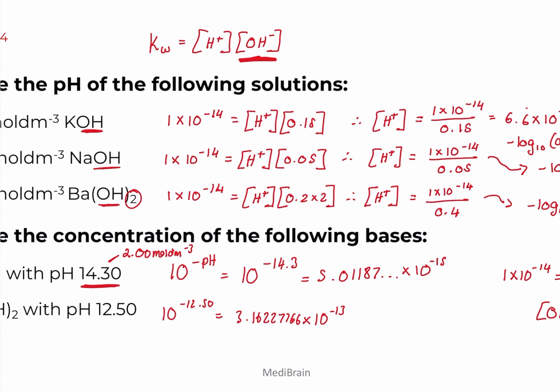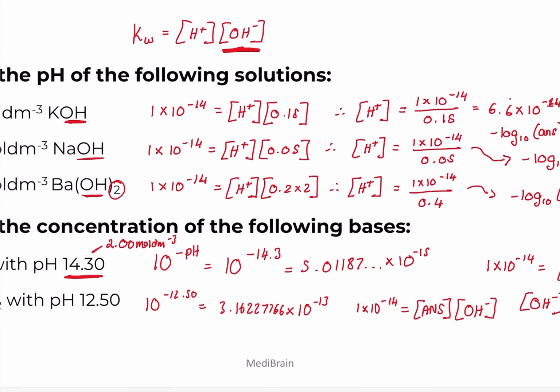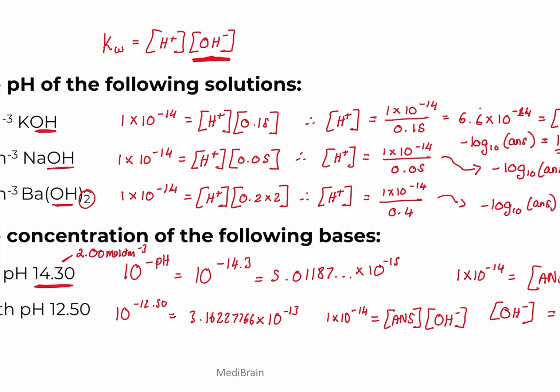So we're going to use our Kw expression, which was 1 times 10 to the power of minus 14 equals our answer, which we've just got over here, and then the hydroxide ion concentration. So we're going to do 1 times 10 to the power of negative 14 divided by our answer, and that's going to give us 0.031622766, and this is our hydroxide ion concentration.